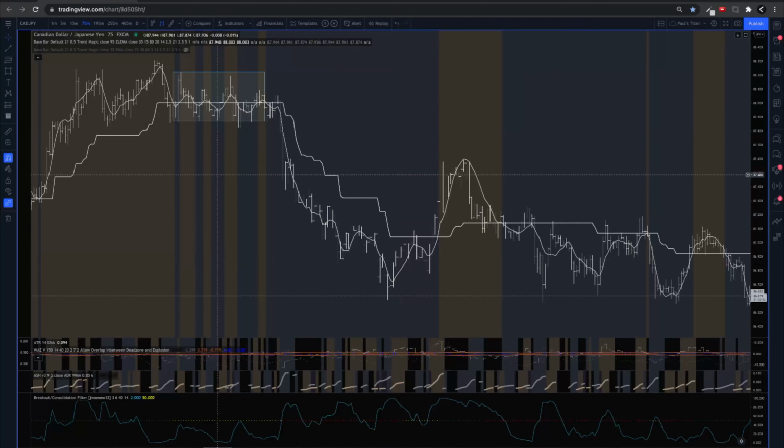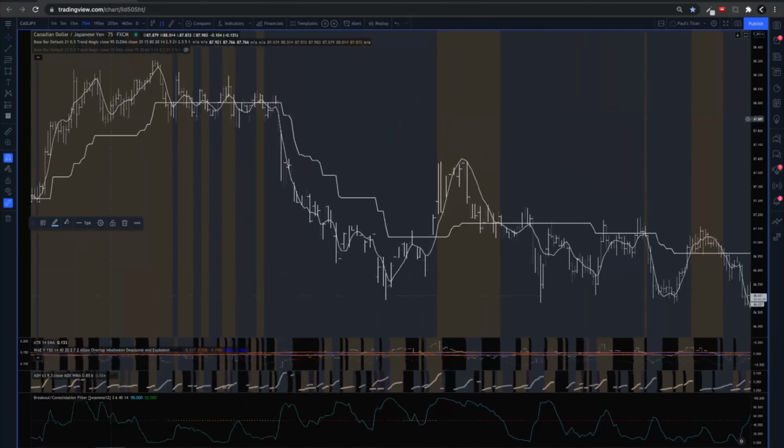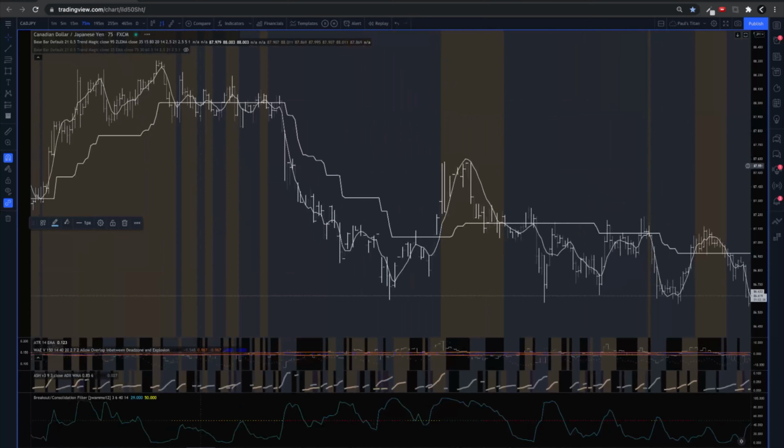So there we go. I'm happy with these settings now. Found myself a better, slower moving average. Good old Trend Magic. And look at that, there are actually very few instances where it lines up in this area as well. Here's where it lines up right here.